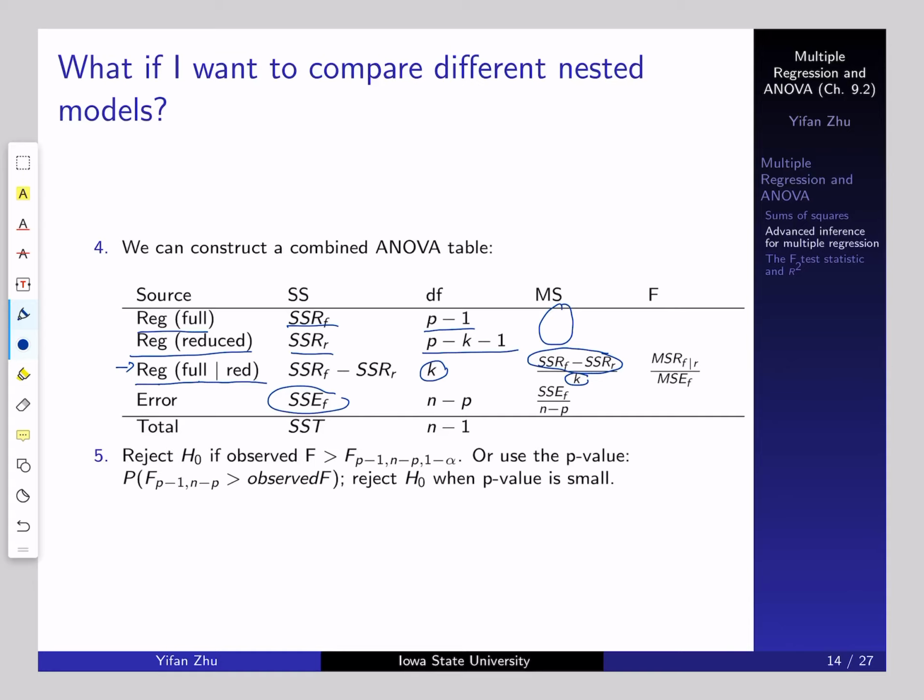The degrees of freedom is n minus p, because we have p parameters in the full model. The mean squared error is just SSE_F divided by n minus p. And the F statistic is MSR of F given R divided by MSE_F.